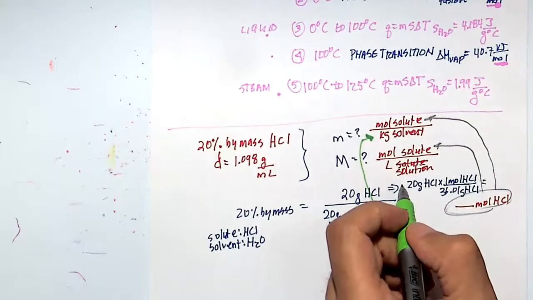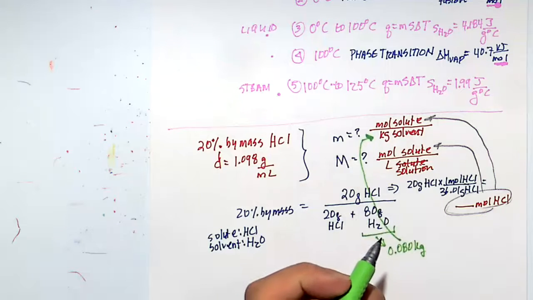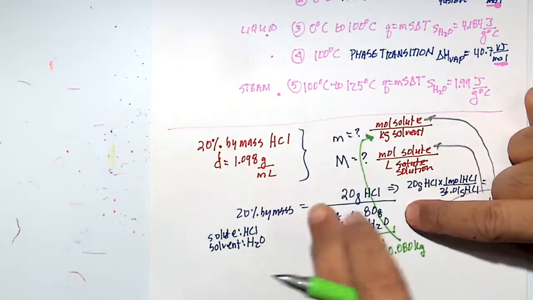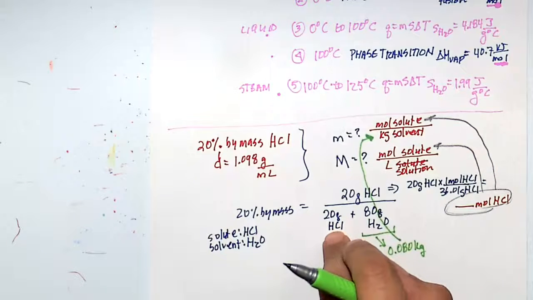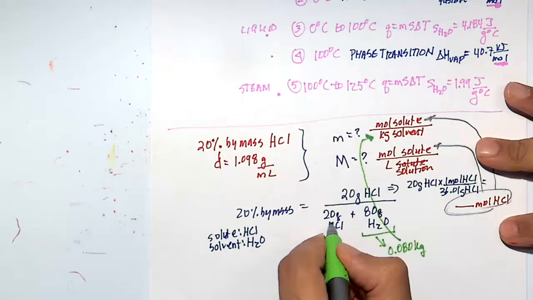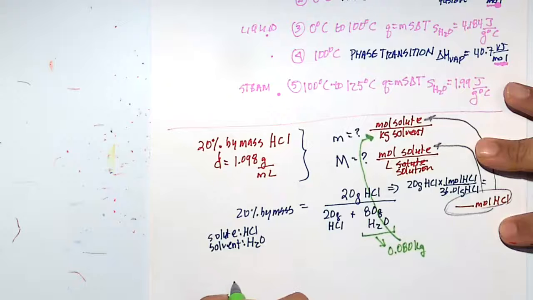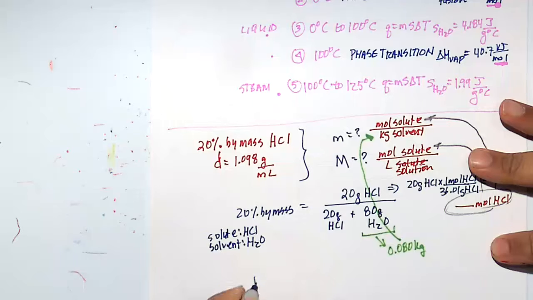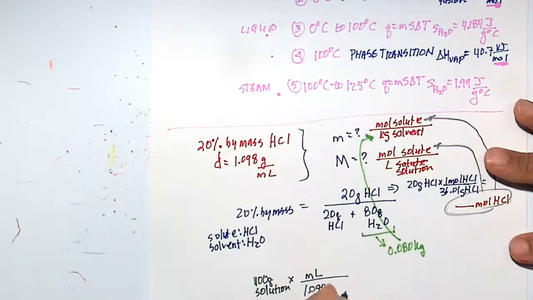How will we get liters of solution? Well, how many grams of solution do we have? 100 grams of solution: 20 grams of solute, 80 grams of solvent, 100 grams of solution. We know the density is 1.098 grams per mL of solution.